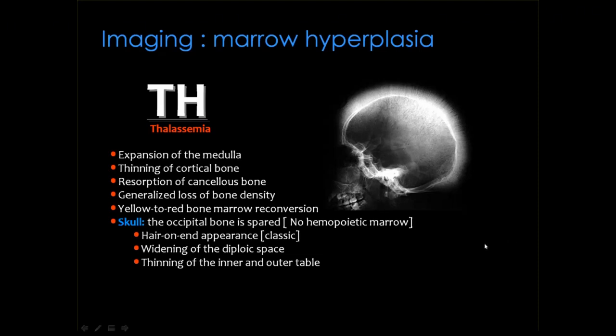Most of the hemolytic anemias, including the thalassemia, will present on imaging with changes due to marrow hyperplasia. Marrow hyperplasia means that the bone marrow is increasing in size, and this will result radiologically in expansion of the medullary cavity of the bones, with consequent thinning of the cortical bone and resorption of the cancellous bone.